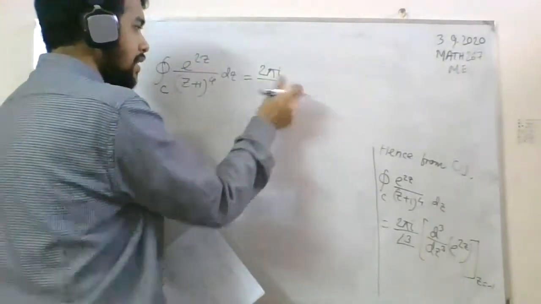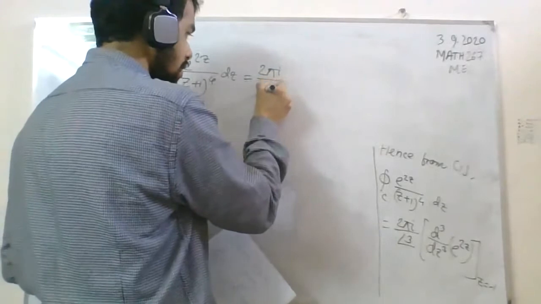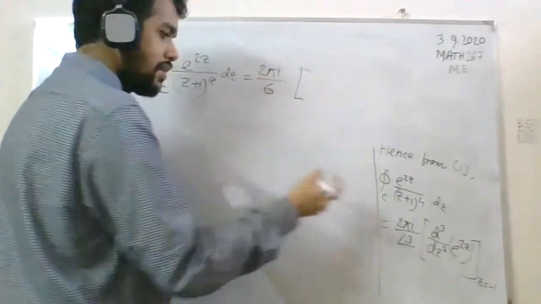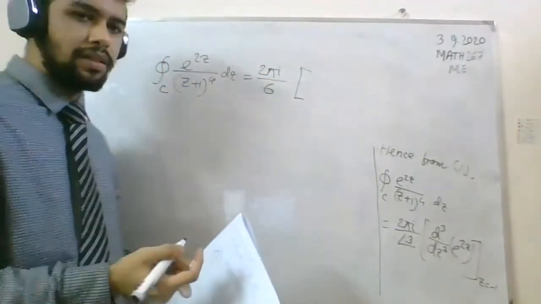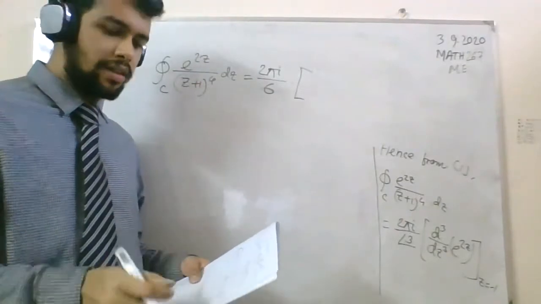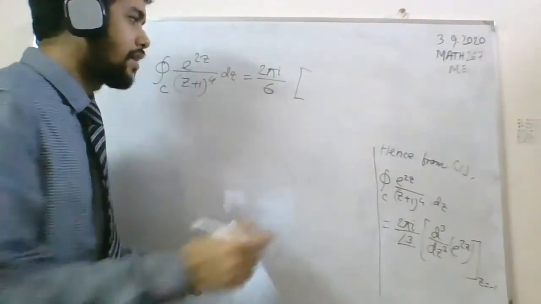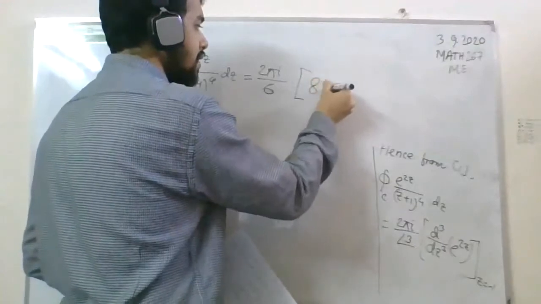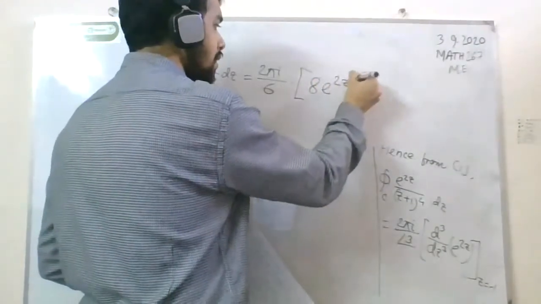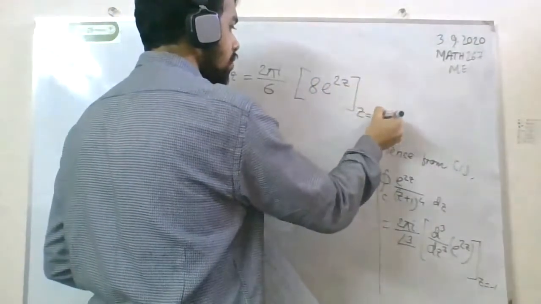So this is 6, and if I differentiate e to the power 2z 3 times, what will come? 8 e to the power 2z, sir. Yeah, so 8 e to the power 2z, and here z equals minus 1.